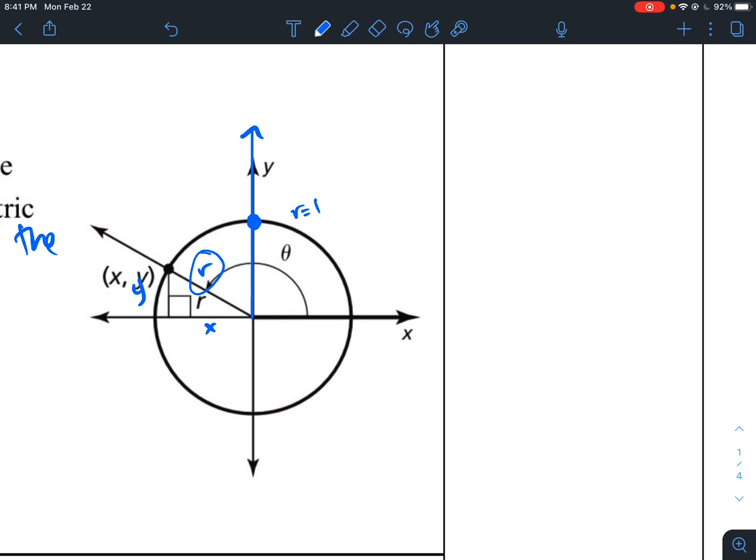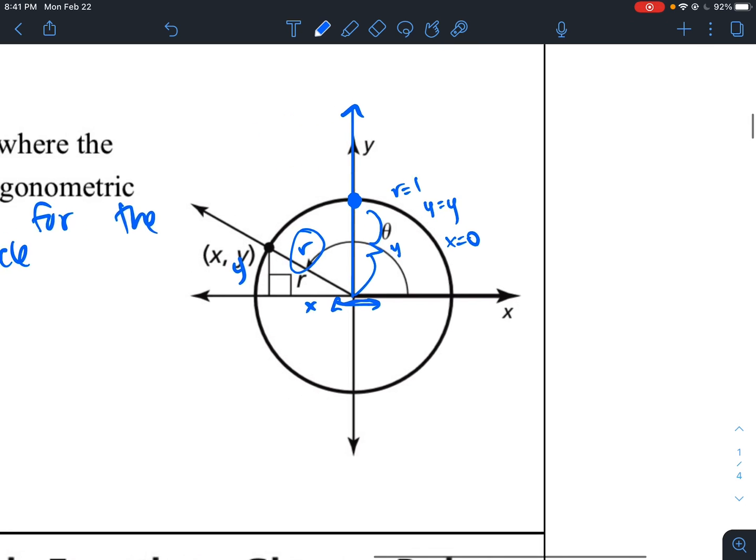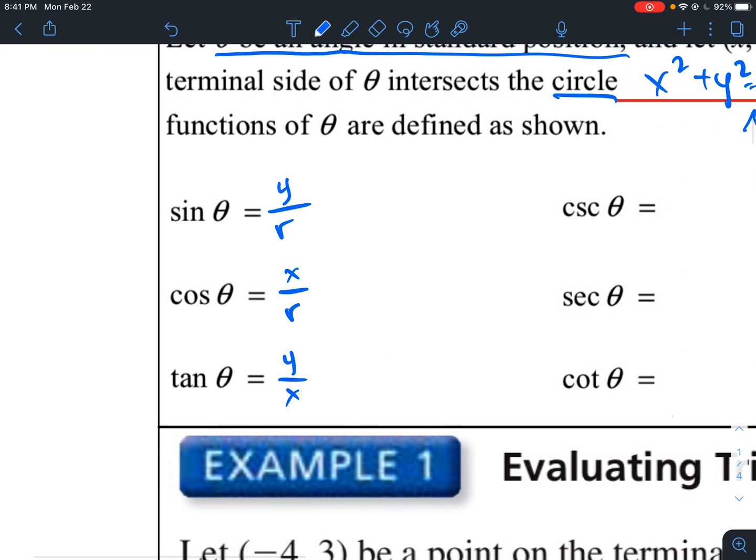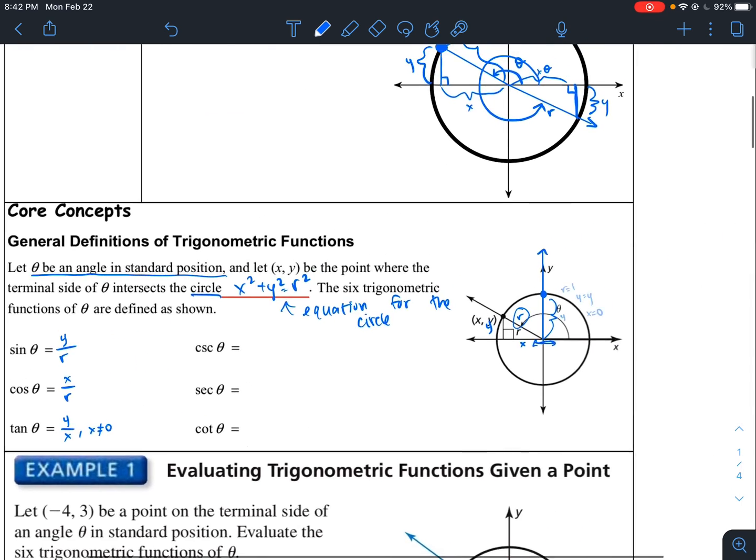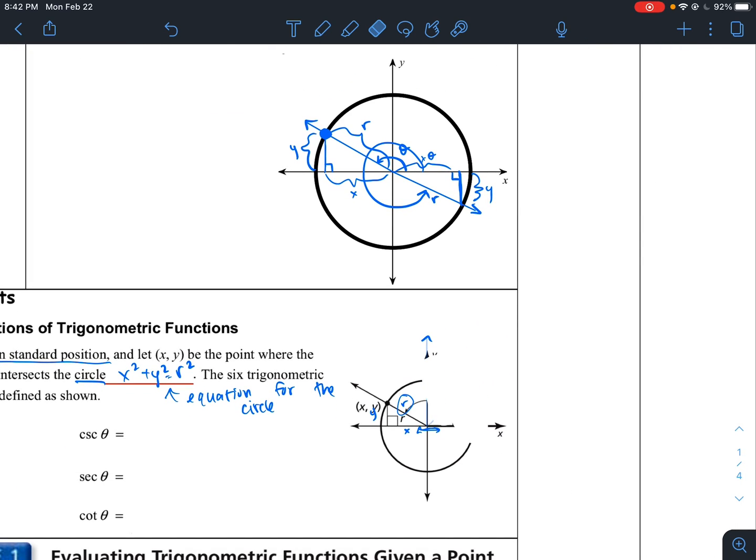Y would be equal to whatever y is, but x has no dimension, so x has no width. It's just going straight up. So x in this case would be equal to 0. Now the problem here is that means we have a 0 in our denominator. So we make sure that we distinguish by saying that x cannot equal 0. Okay? And we'll go over an example on specifically how that looks.